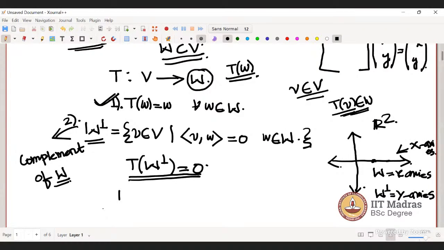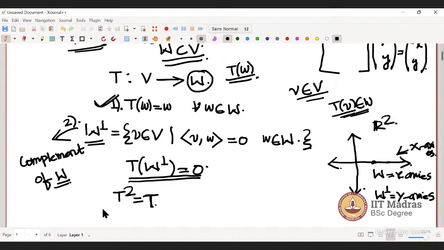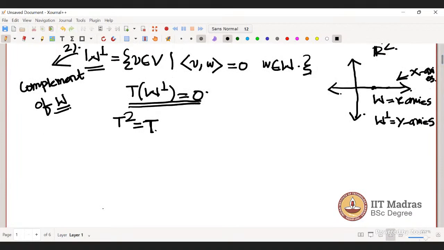So now using these two pieces of information, you can say that actually T square equals T. How? So you can write any element of V. V is basically W direct plus W perp.